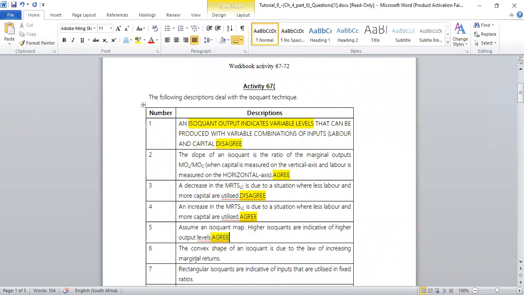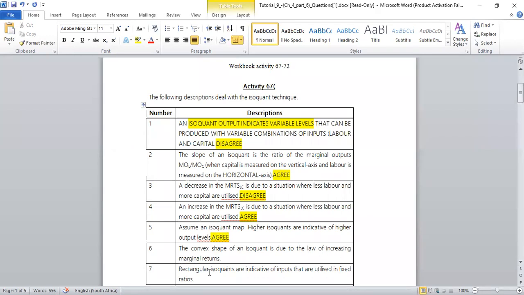The convex shape of an isoquant is due to the law of increasing marginal return. No, the convex shape of an isoquant is due to the law of diminishing return, not to the law of increasing marginal return.